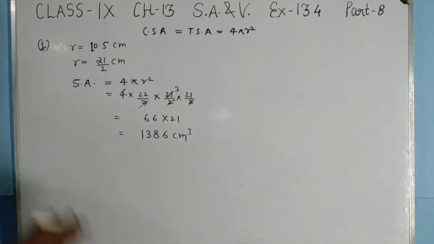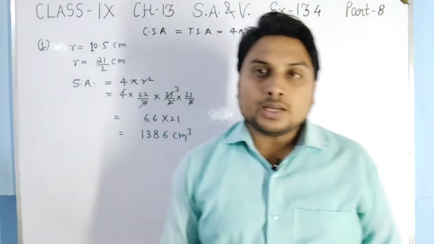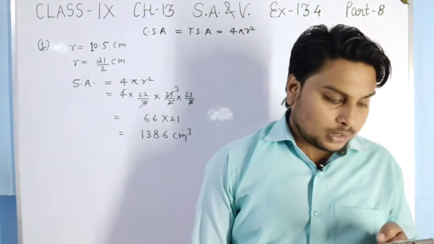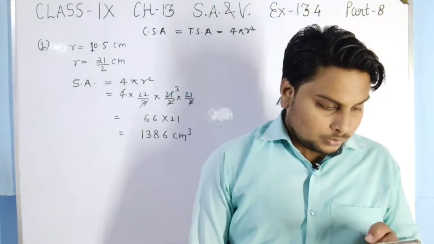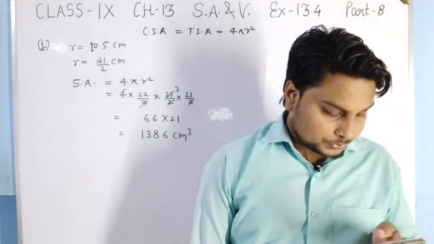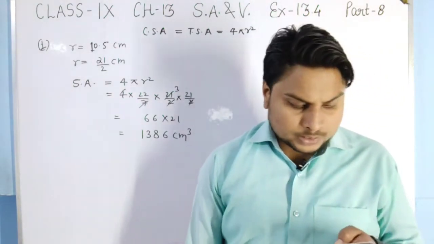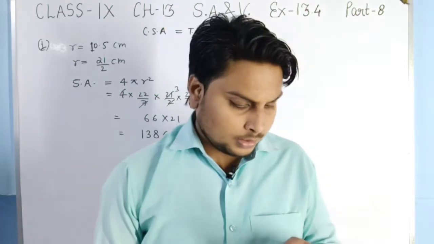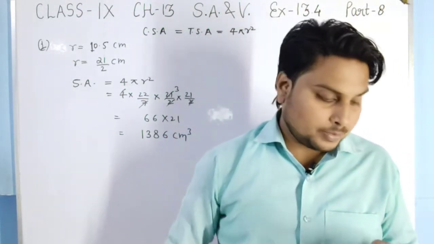Like this you will solve the rest part of the question. Very easy, only you have to find the radius, and then you can apply the formula. Coming to question number 2: find the surface area of a sphere whose diameter is given.